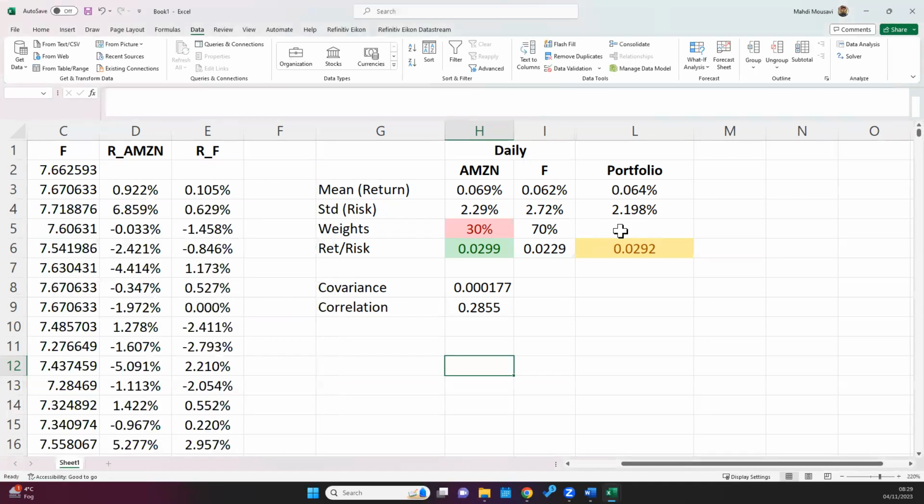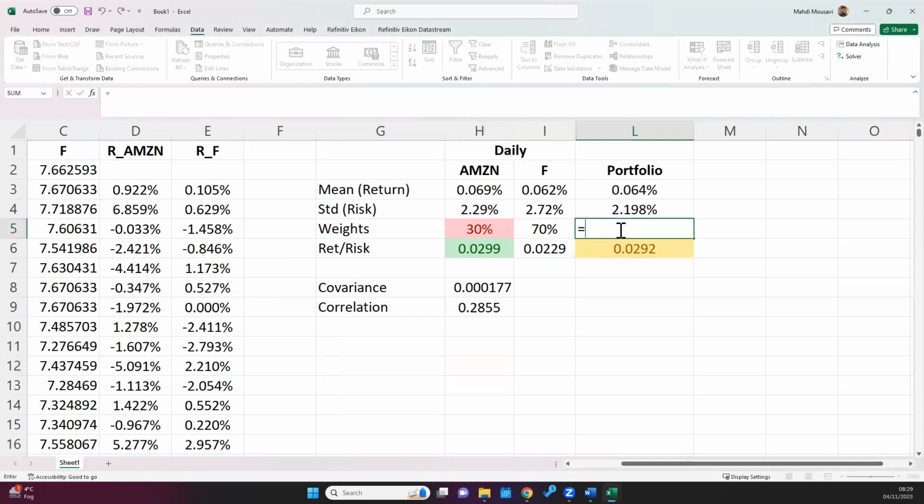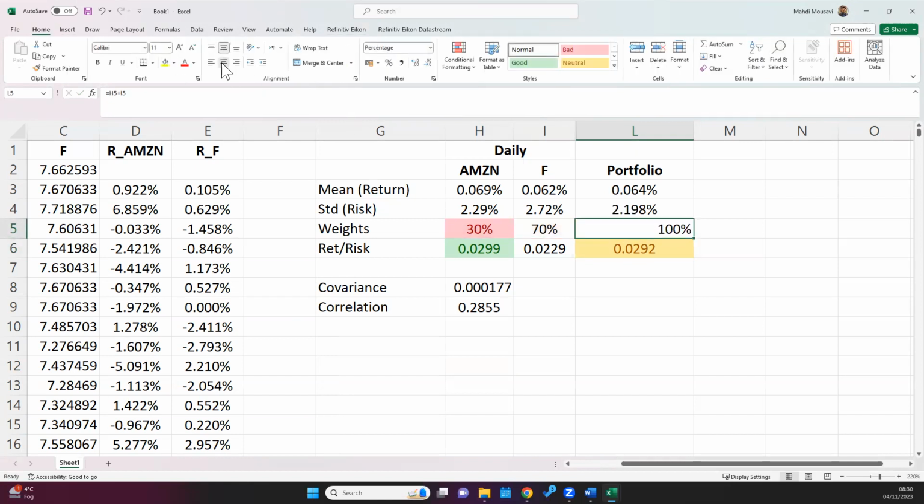Let me close this one. My constraint is that the sum of these two should be equal to basically 1. Always, right? The sum of these two weights, or the weights allocated to a portfolio, should be equal to 100%, or basically 1.